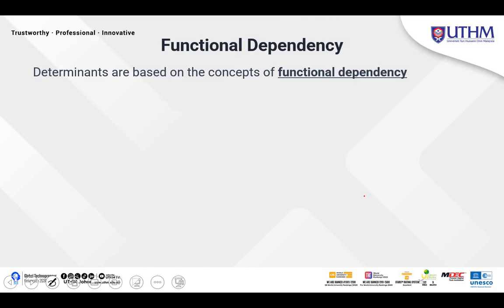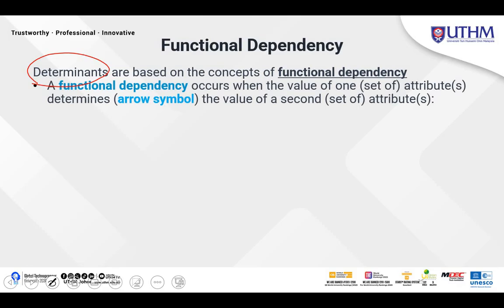Functional dependency. Determinants are based on the concept of functional dependency. In general, functional dependency determinants are like the primary keys of a table. Functional dependency occurs when the value of one set of attributes determines the value of a second attribute. For example, student ID determines the student name.